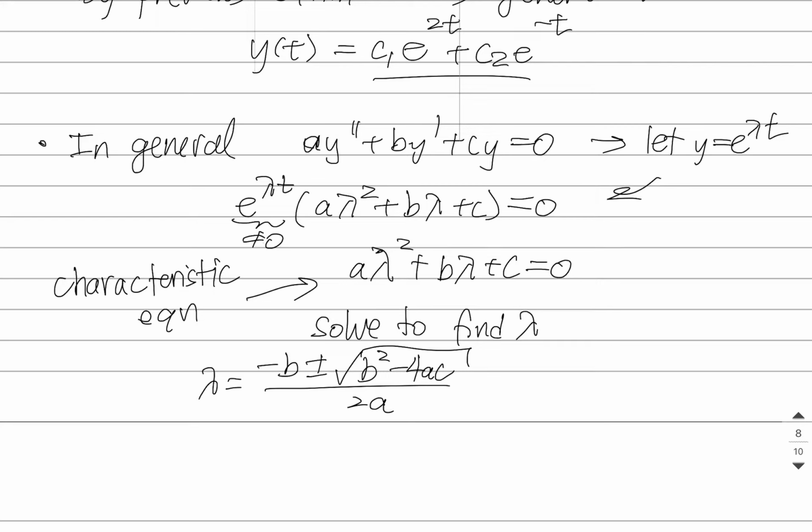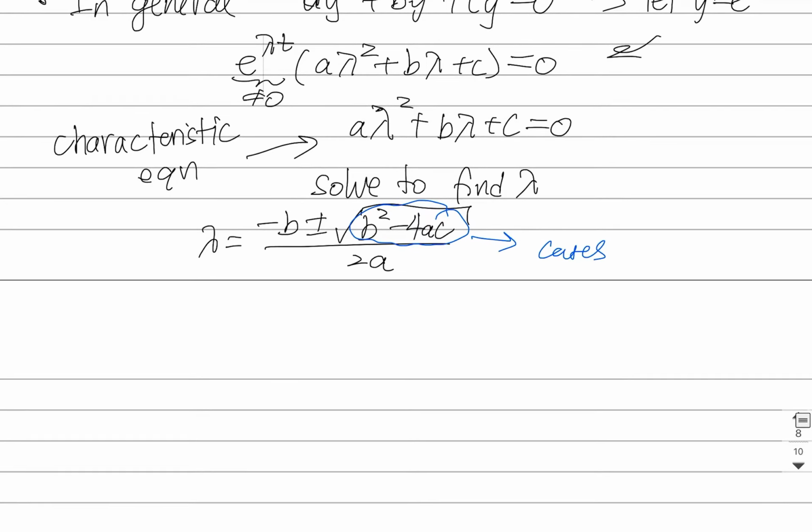You have to be a little bit careful, and you need to consider this thing here. This is called the discriminant, and there are some cases. If b² - 4ac is positive, you get two real valued distinct roots.